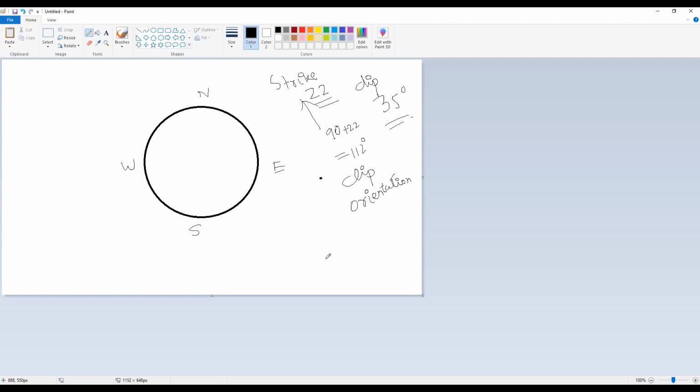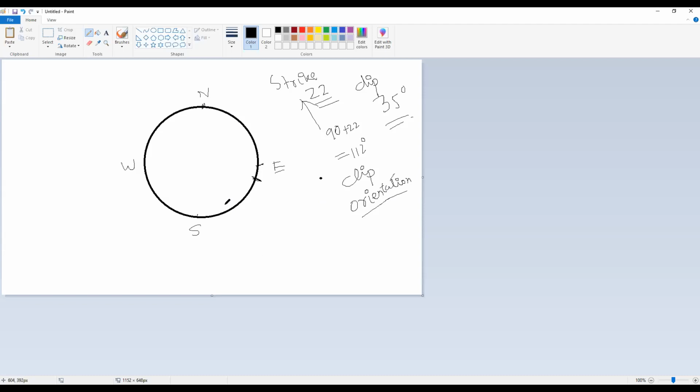So if the strike is 22 degrees, then the dip orientation should be 112 degrees. Now let me do that. So it is 90, it is 90. Always we measure the dip orientation and strike along the primitive. This is south, so 112 will be here. 90, 112 will be here. Is it correct?